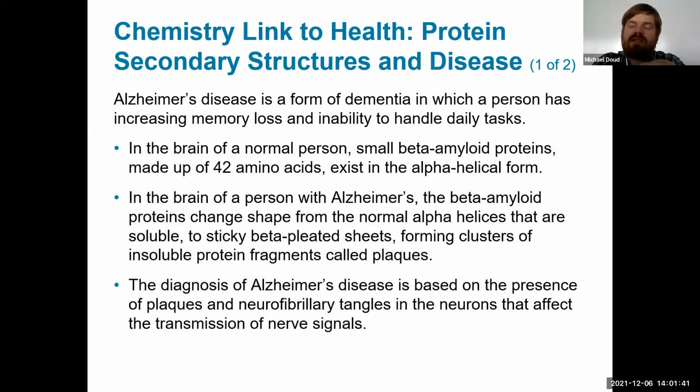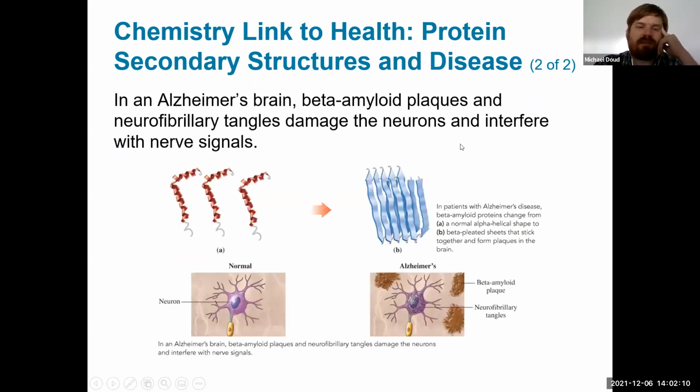The normal alpha helix form goes away, and instead you have these beta pleated sheets, which are insoluble protein fragments, and they form plaques in the brain. It's not totally established. We have just noticed that these plaques seem to correspond to a diagnosis of Alzheimer's disease, where you have a lot more of them if you have Alzheimer's disease.